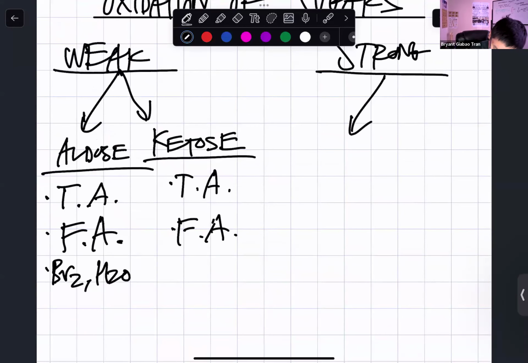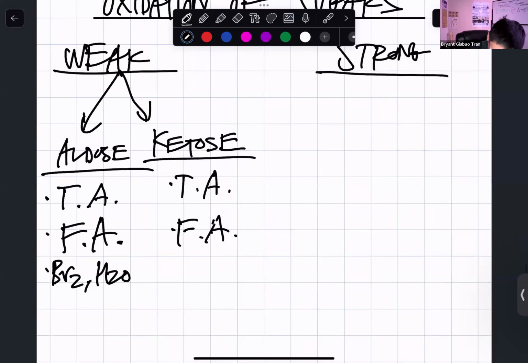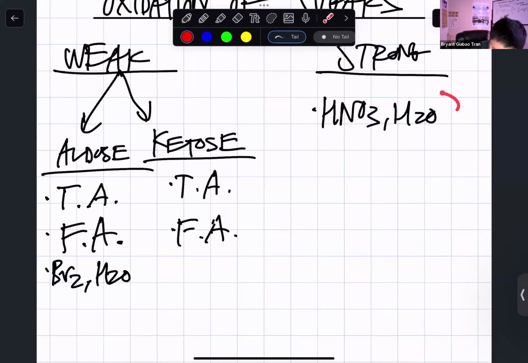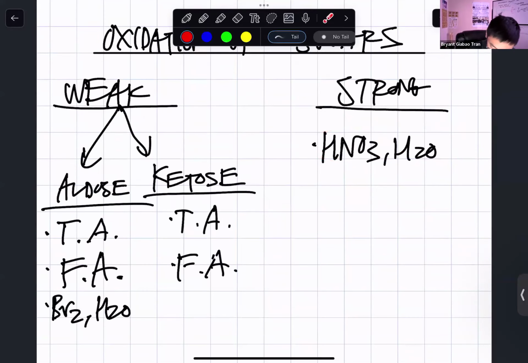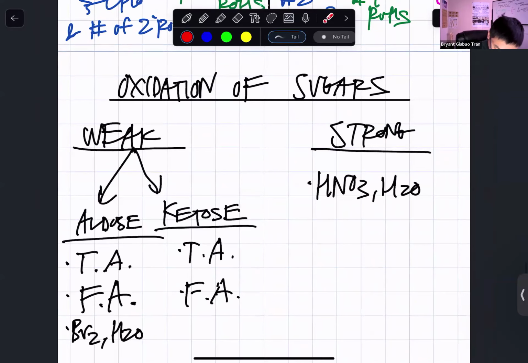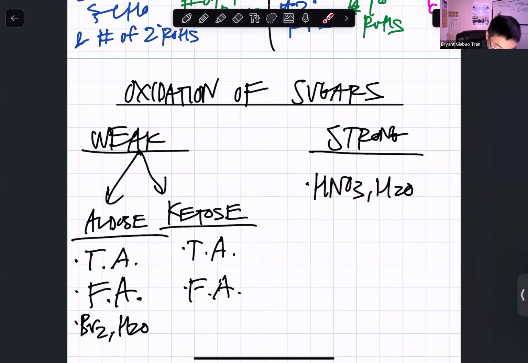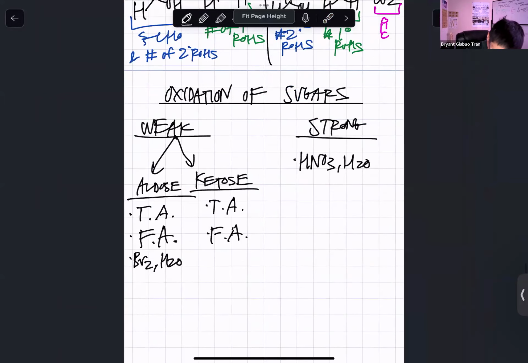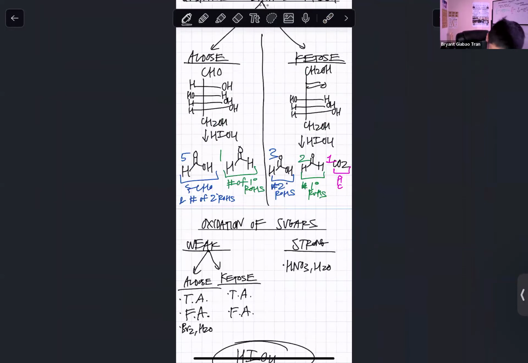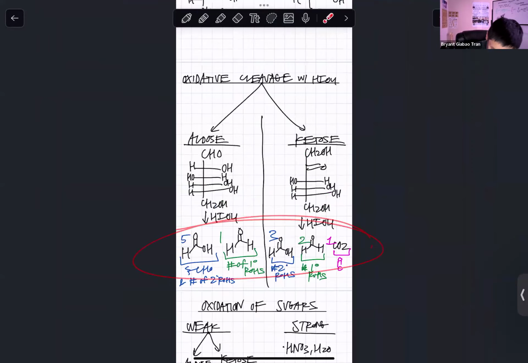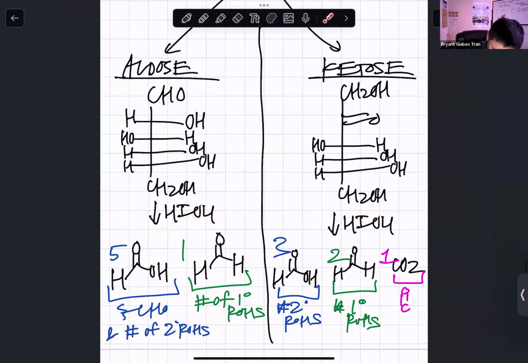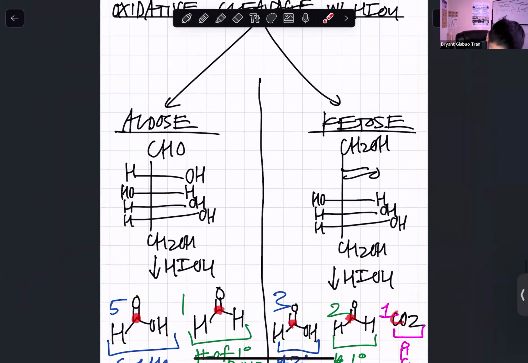For a strong oxidizing agent, HNO3 and water would work with both an aldose and ketose, which oxidizes the top and bottom carbon into carboxylic acids. And then HIO4 is just like its own category that does this weird thing, splitting everything right here. Right, they make 1 carbon molecules. All of the products here are 1 carbon products.